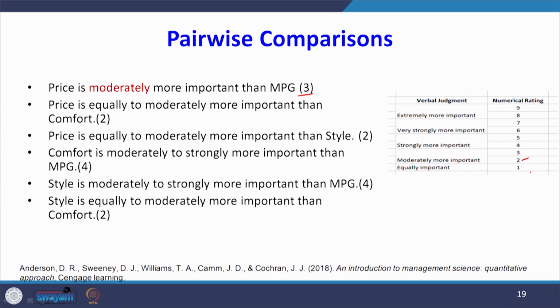Again it is 2, equally to moderately more important. Suppose you say comfort is moderately to strongly more important. So, from moderately to strongly more important, it has to be 4. If the style is equally to moderately more important, then it is 2. So, we have to see from which level to which level we are moving.